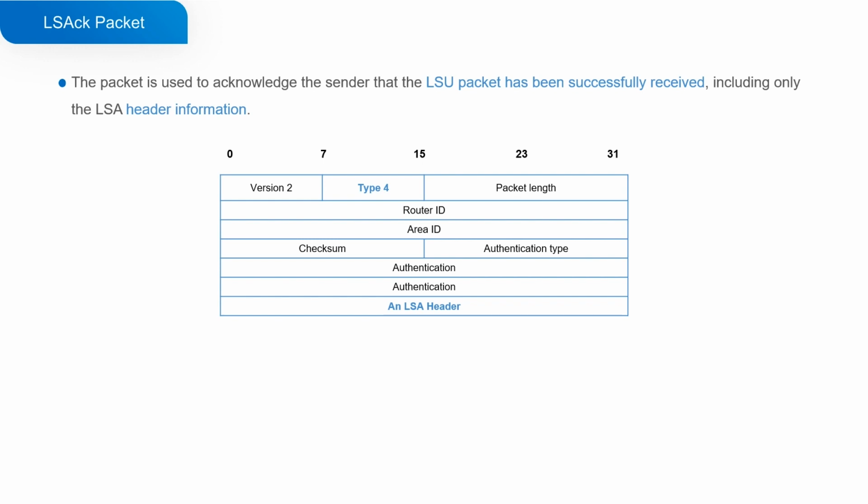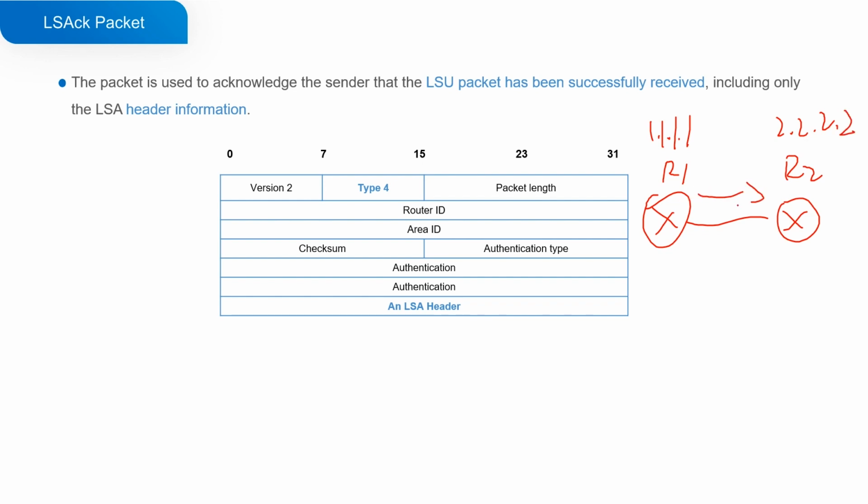The LSACK packet is the last packet for OSPF. And the two routers here, R1 and R2, are 1.1.1.1 and 2.2.2.2. R1 sends the LSU packet. After this, if R2 received the LSU packet successfully, R2 has to answer with the LSACK packet to R1.